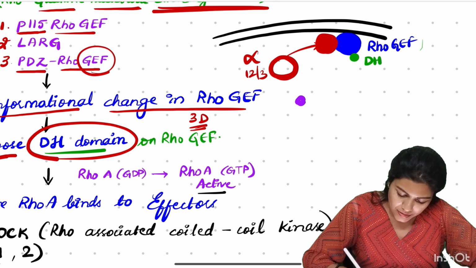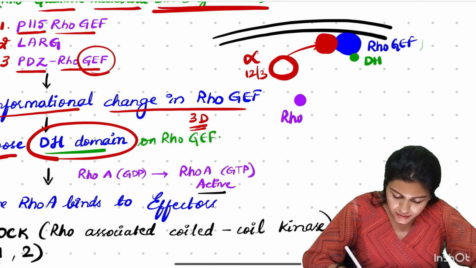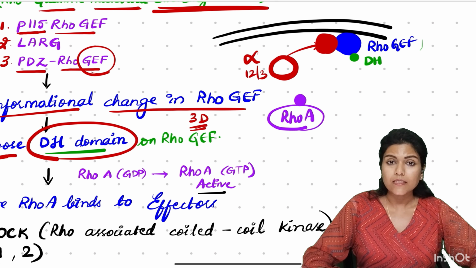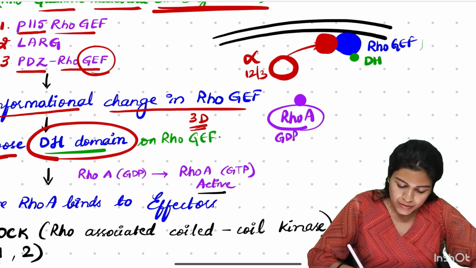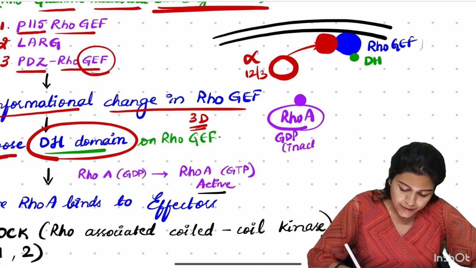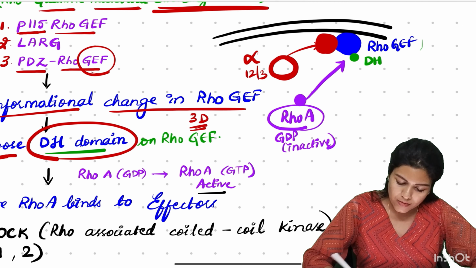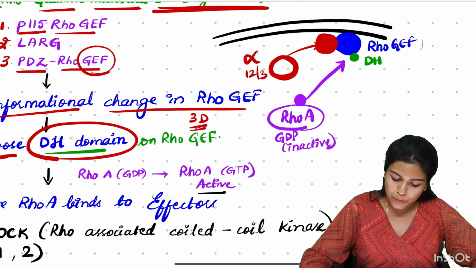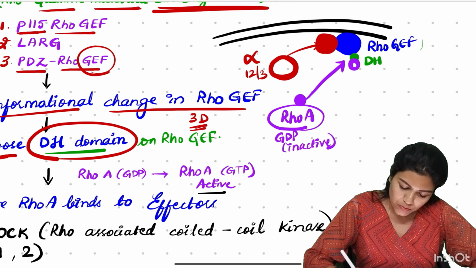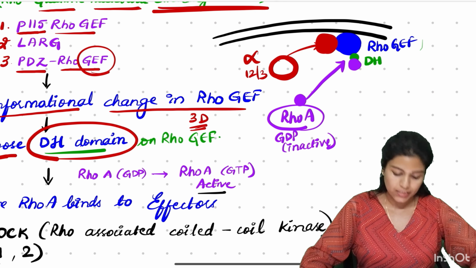RhoA is a protein present in the cytoplasm. It is bound to GDP in the inactive state. Whenever the DH domain is exposed, the RhoA is pulled towards this RhoGEF, and now it tightly binds to this DH domain of the RhoGEF.